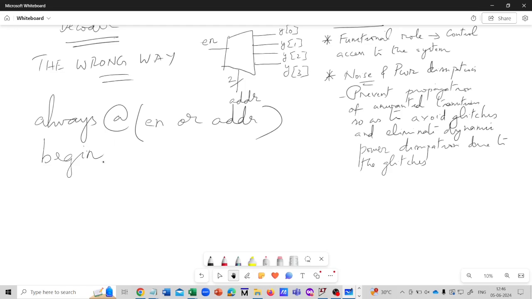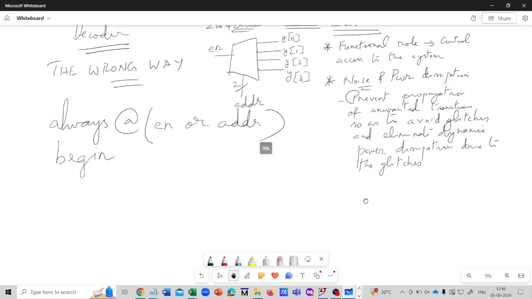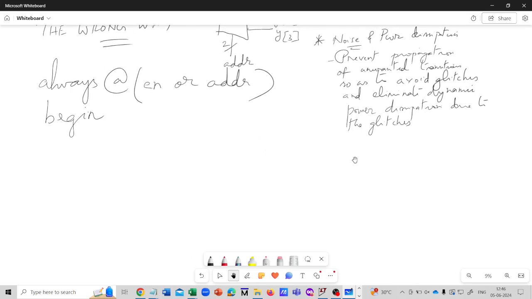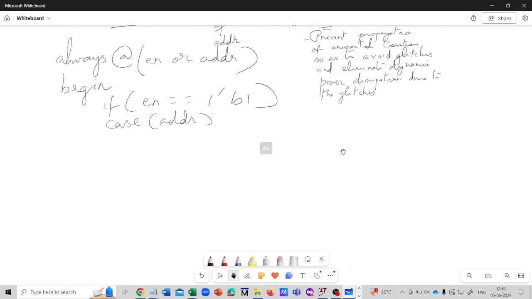Then we know that the decoder will respond to the address only if there is an enable. So we'll describe this as if enable equal to 1, only then you respond to the address. And for the address part, we can use a case because it's only one input, different cases of the same input.